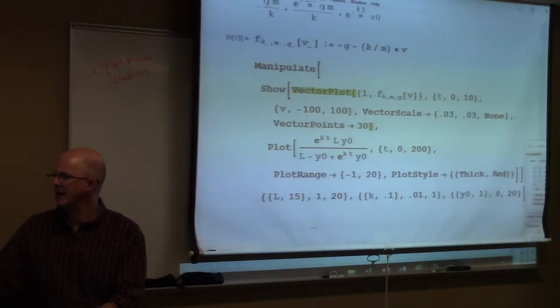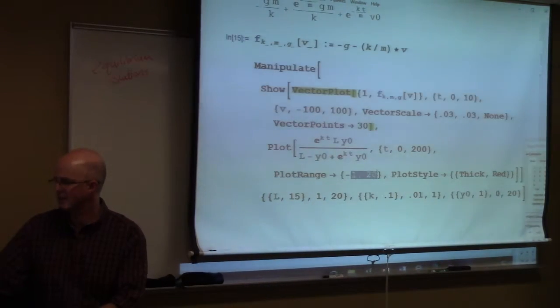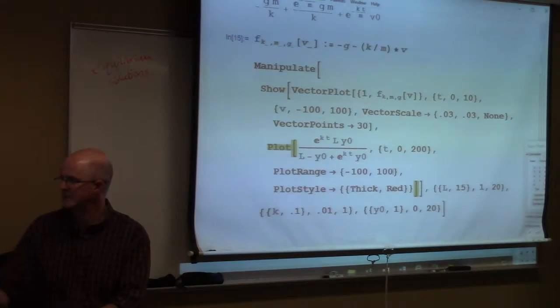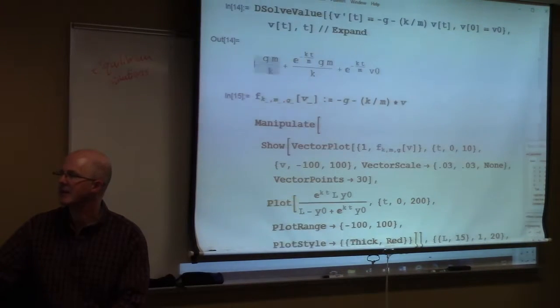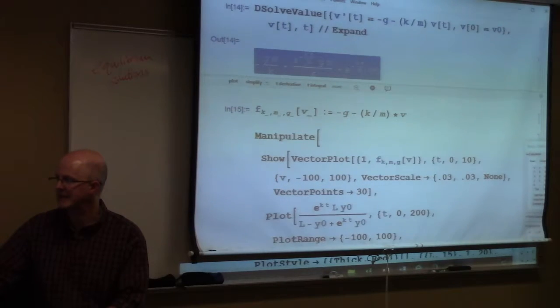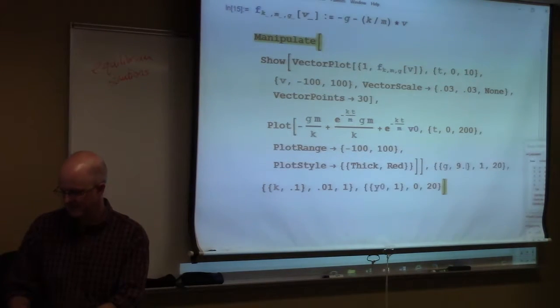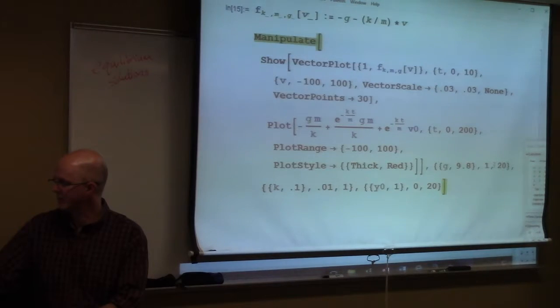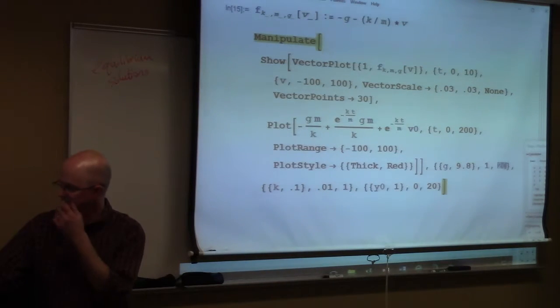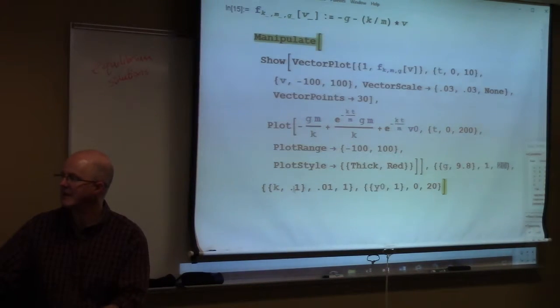And down here, plug in your solution function that we used DSolveValue to get. Copy and paste this into here. And then allow g to change. Let's start it at 9.8. Go as low as 1, which would be very weak gravity, and as high as 20, say, which would be very strong gravity.